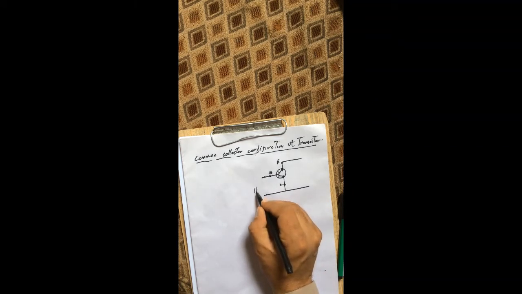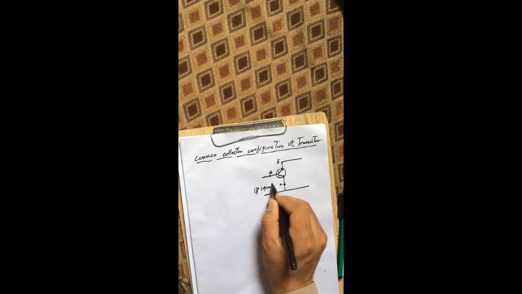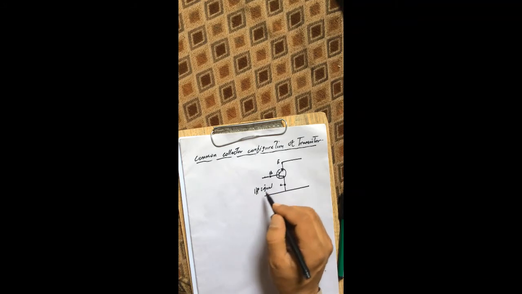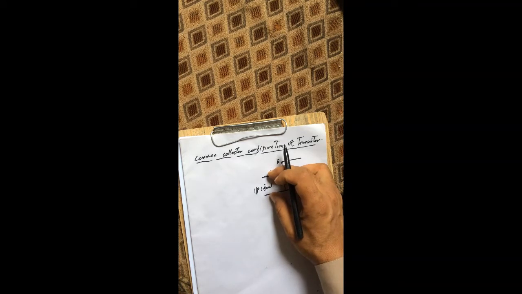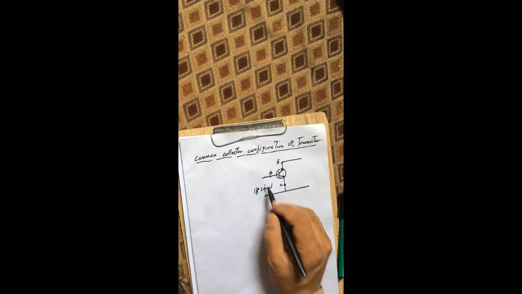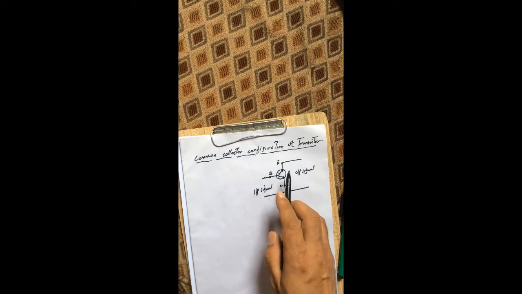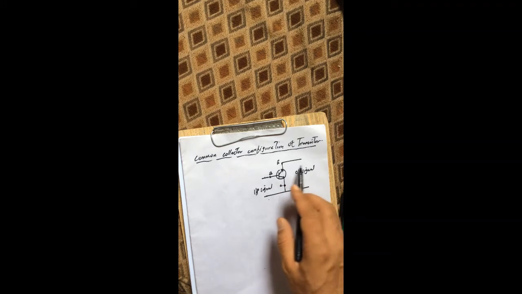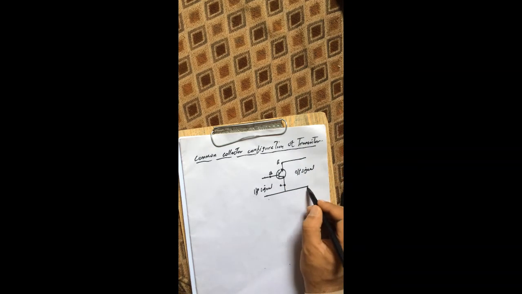In common collector configuration, the input signals are applied to the base terminal and collector terminal, while the amplified output signal appears between the emitter and collector.